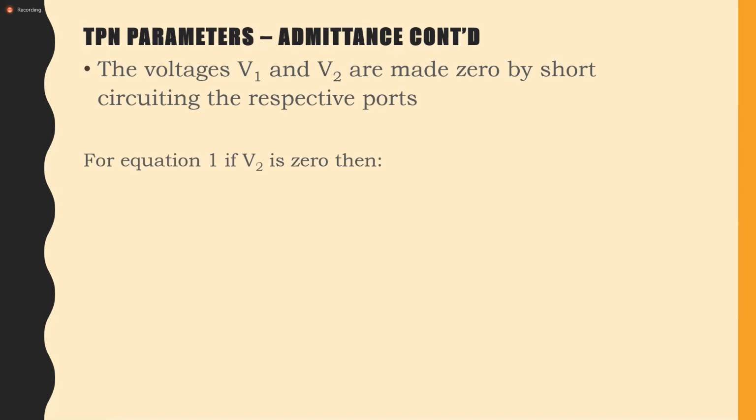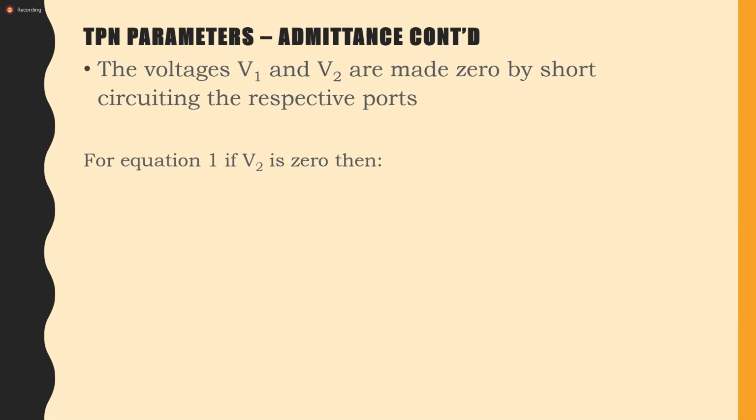Now, if I look at equation 1, if I make V2 zero, remember we said that we are using the superposition theorem. That's what we said just now. And we remember what superposition theorem states, yes? So if I use superposition, I would have to make one source zero, and then you see what happens with the other one.